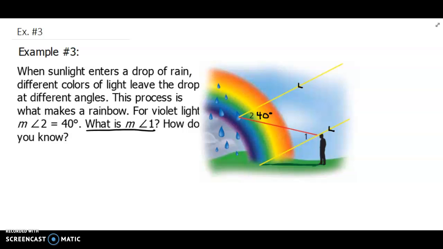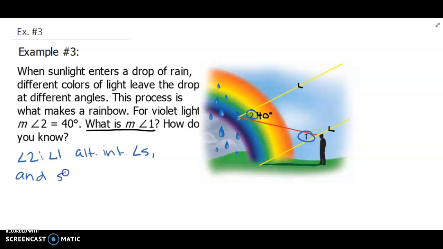Okay, well, if you guys notice, angle 2 and angle 1 are what kind of angles? Okay, angle 2 and angle 1 are alternate interior angles.